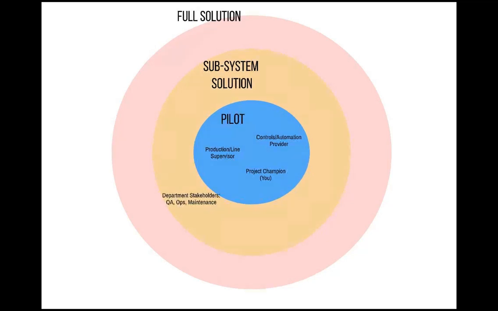So once you get up to subsystem solutions, whether that's for a full department or a single factory within your plant network, you need to start to take into account department stakeholders like quality assurance, operations, maintenance.